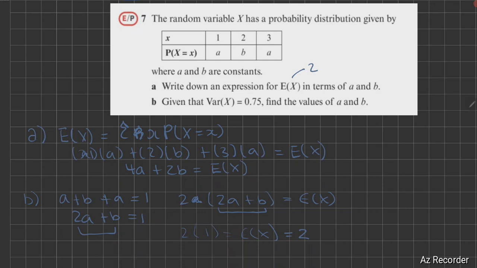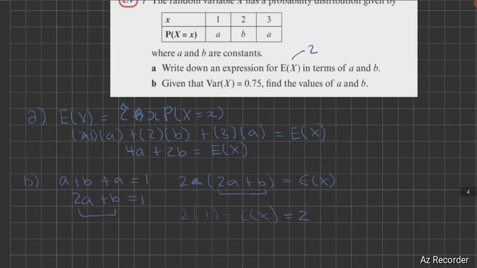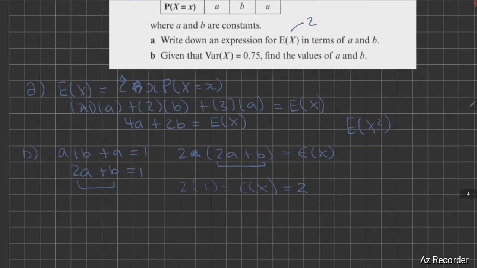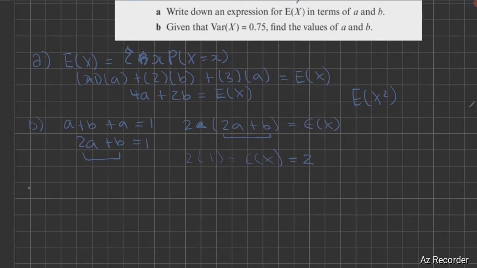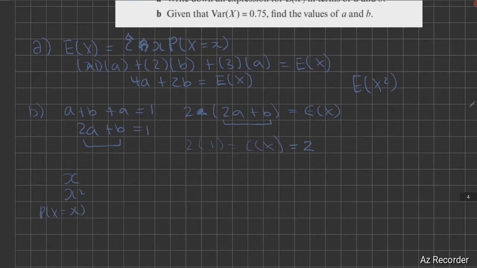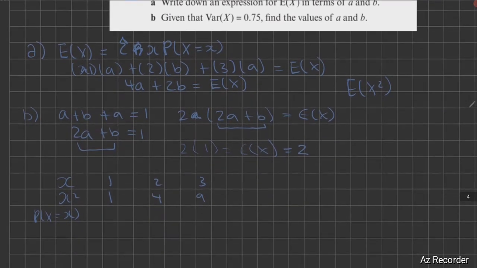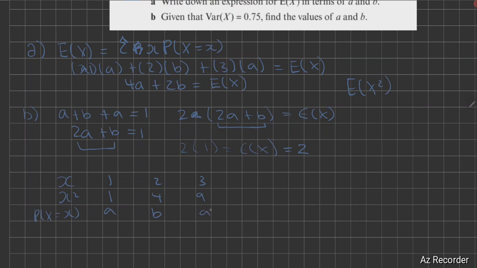So now we just need to create a new table using x squared to get the E(x squared) value. And so to do this, we want x squared, P(x) equals x. Values of x are 1, 2 and 3. So x squared would be 1, 4 and 9. The probabilities stay the same at a, b, a.